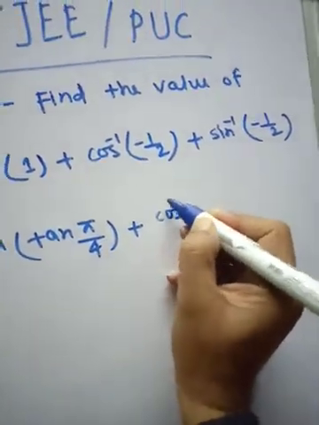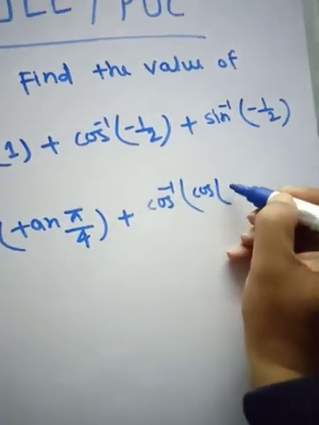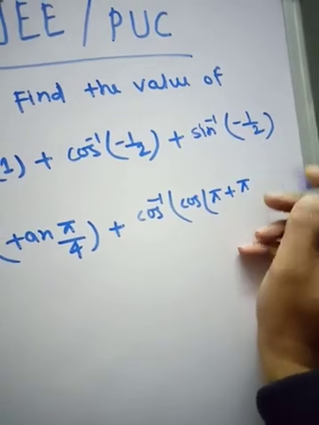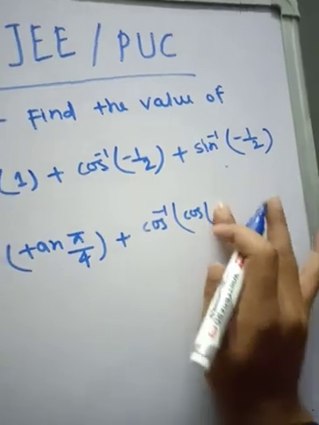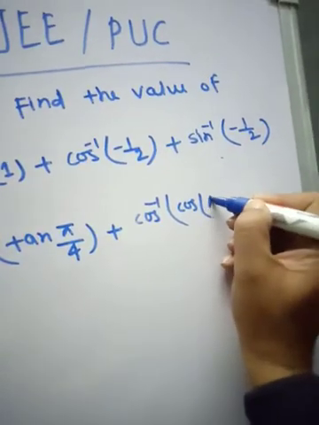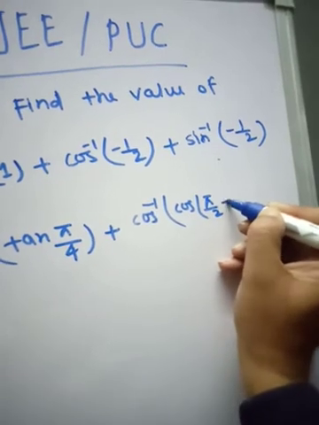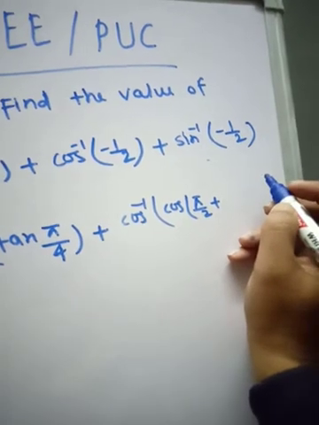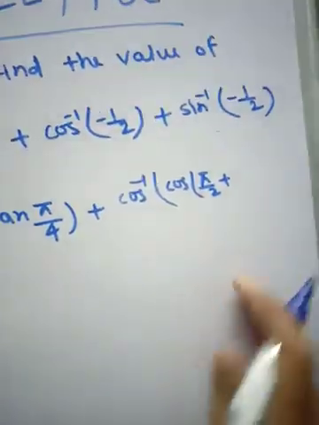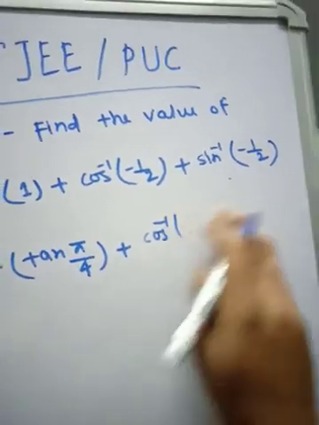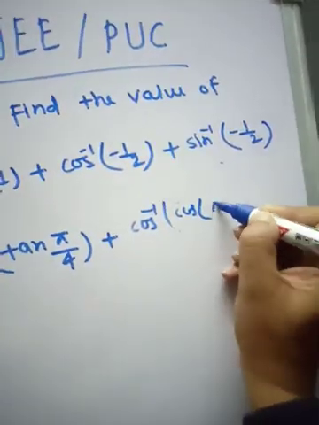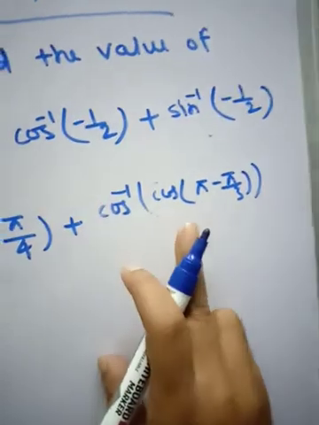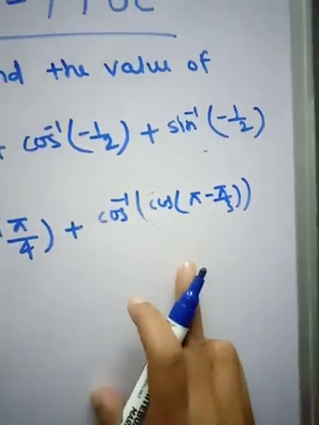Then cos inverse minus half, we can write as cos inverse cos of pi minus pi by 3, because cos of pi minus theta is minus cos theta.